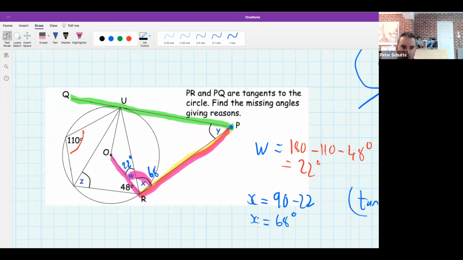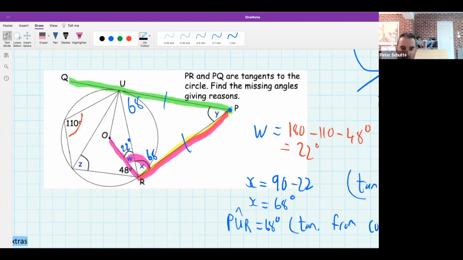And then, using what Dawn was saying, if that's 68, basically you know that this is going to be 68 because these two have to be equal from tangents from a common point. There's a couple of ways you could do this, but I'm going to say PUR is 68 degrees, tangent from common point.